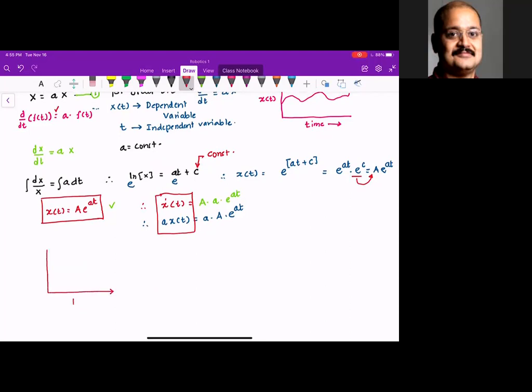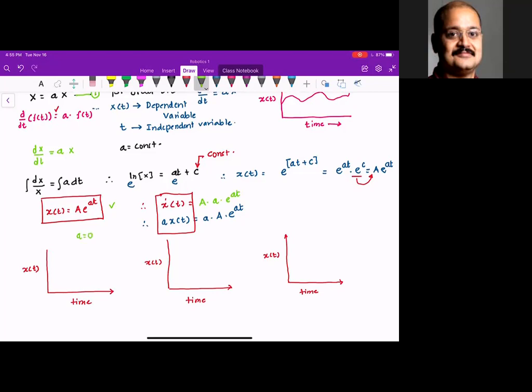In the first case, I'm going to assume a is equal to 0.